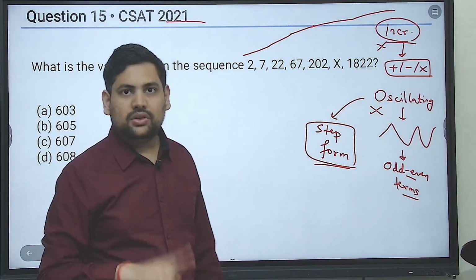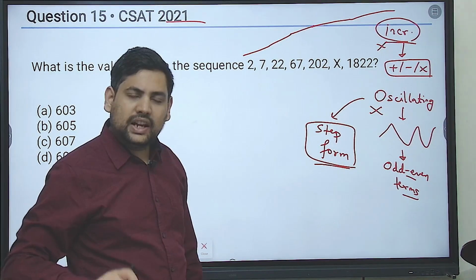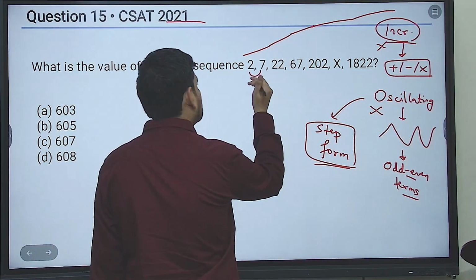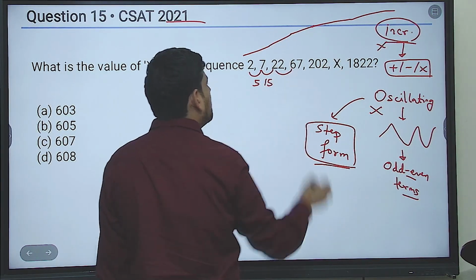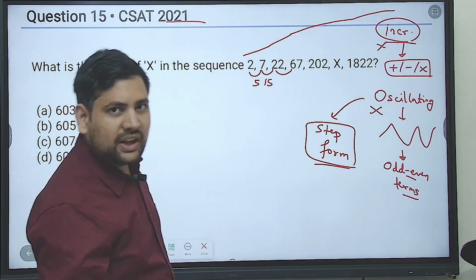The second thing that you should always look at is whether the difference is changing slightly or drastically. If you see, 2 to 7 the difference is 5, then 7 to 22 the difference is 15, then 22 to 67 the difference is 45.